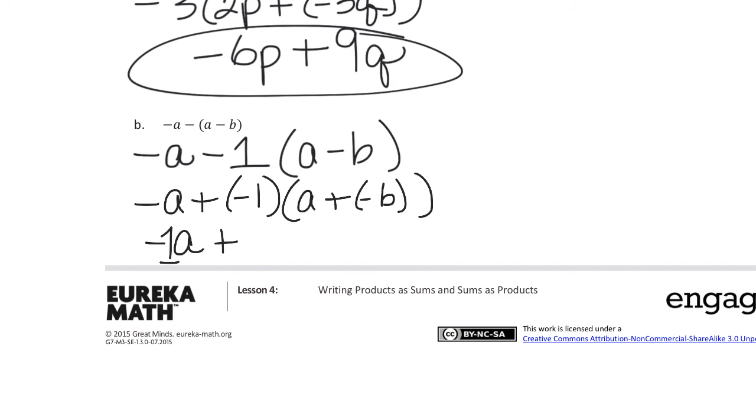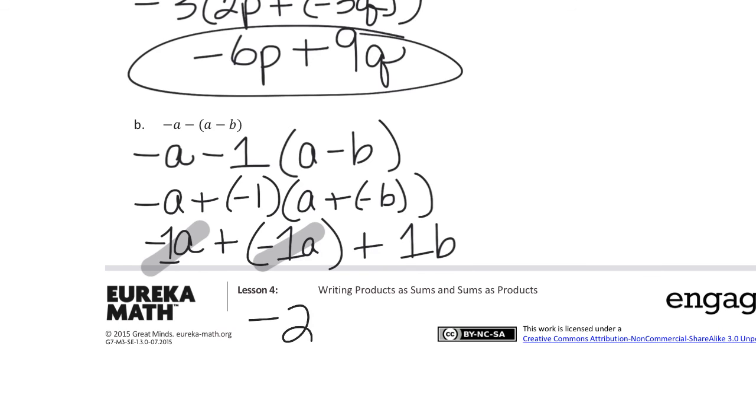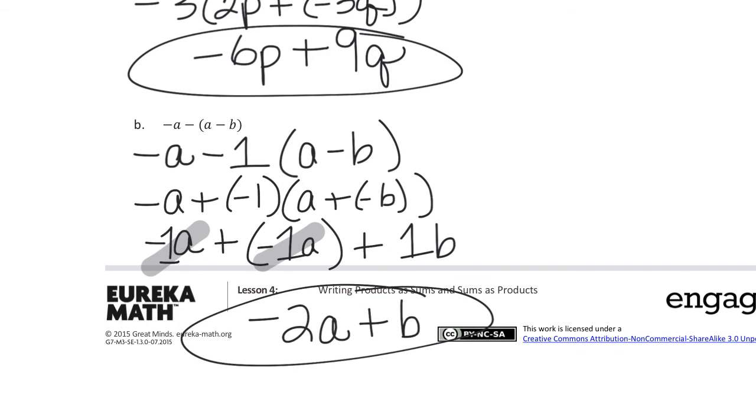So negative 1 times a is negative 1a plus negative 1 times negative b. Negative times a negative is positive, so I have 1b. Okay, these two have a, so I can combine them. Negative 1a plus negative 1a is negative 2a plus 1b, or you can just write b. Having the 1 there or leaving it out will not make it right or wrong. They're equivalent. Okay, next page.